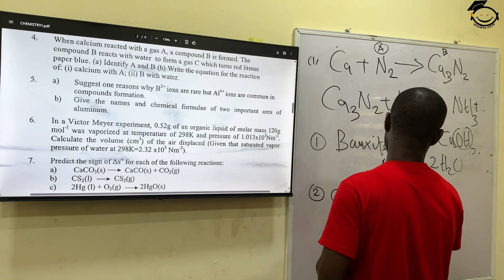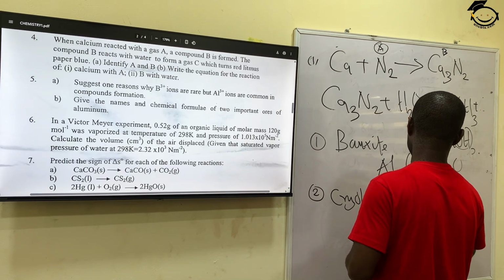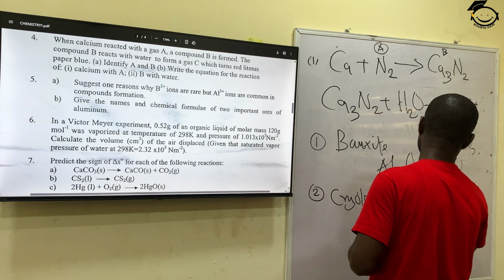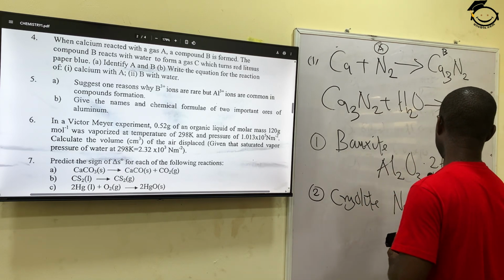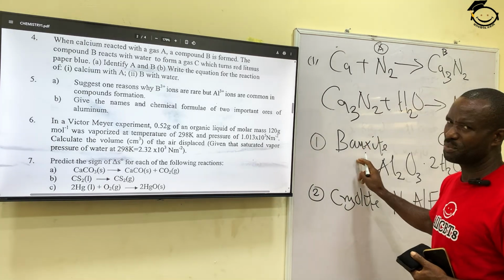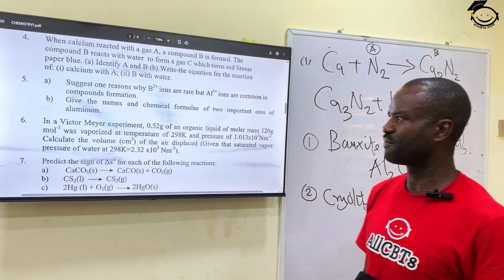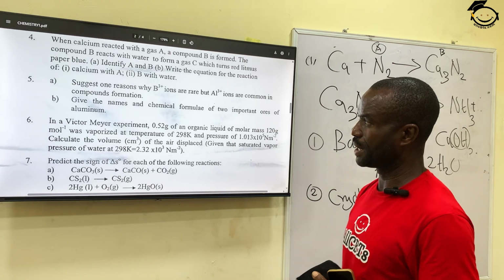Cryolite has the formula Na3AlF6. It is called sodium aluminium fluoride. So these are the two basic ores of aluminium and their chemical formulae.